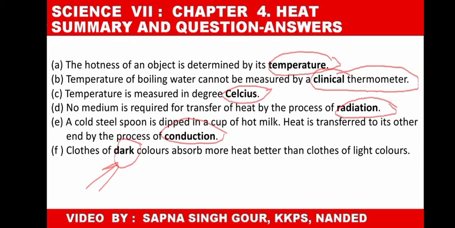So clothes of which color absorb more heat? Black or dark colors. So clothes of dark colors absorb heat better than clothes of light colors. As compared to light colors, dark colors absorb more heat.